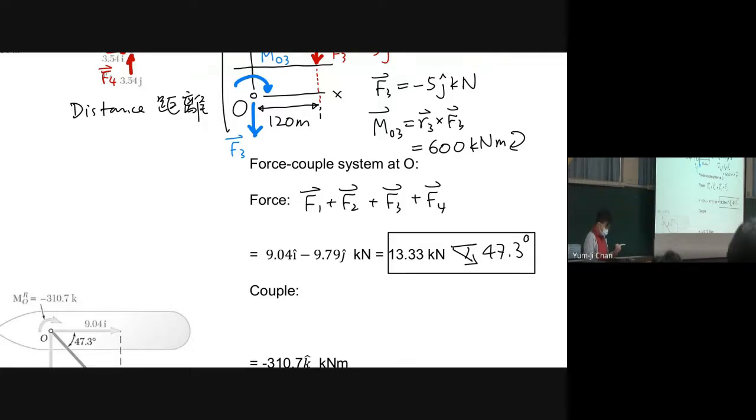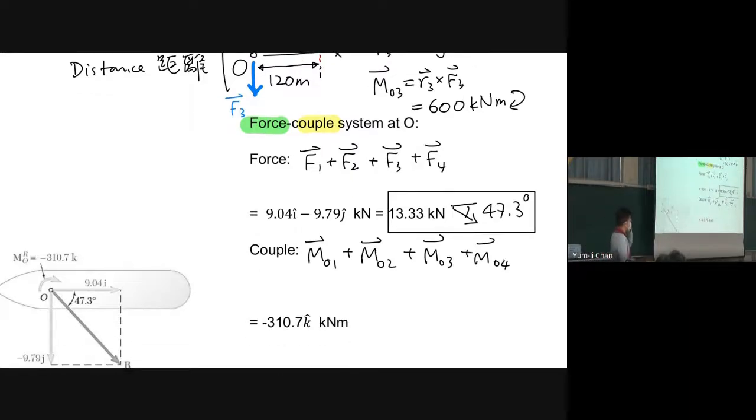Next is the couple part of the force-couple system. Remember, we have force and couple, right? So our answer has two parts. One for the couple, and it is equal to MO1 plus MO2 plus MO3 plus MO4, and you can work out the other three, and it is in the textbook.